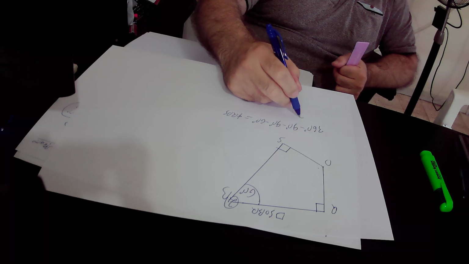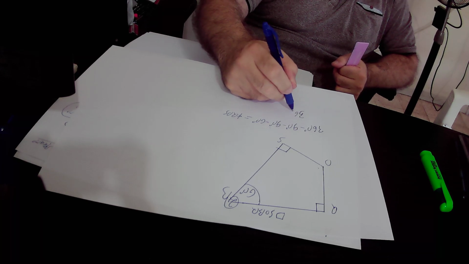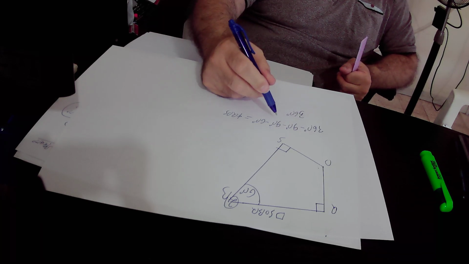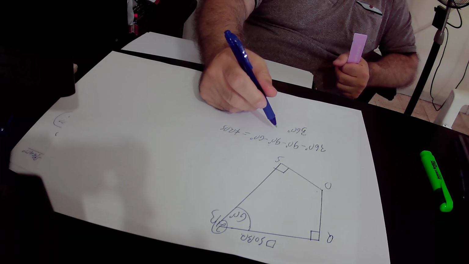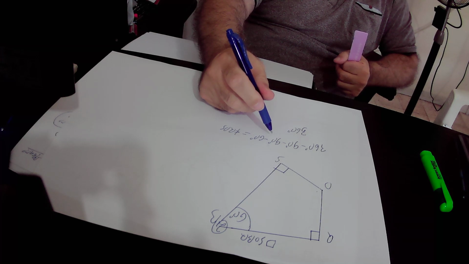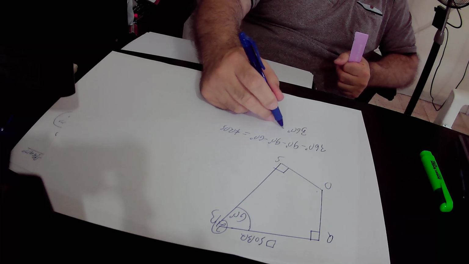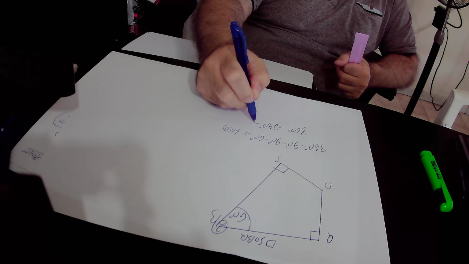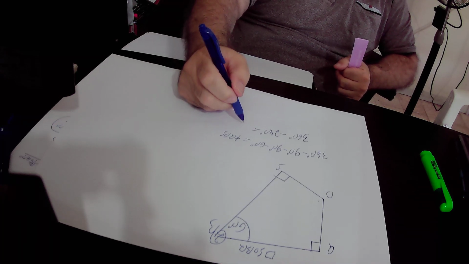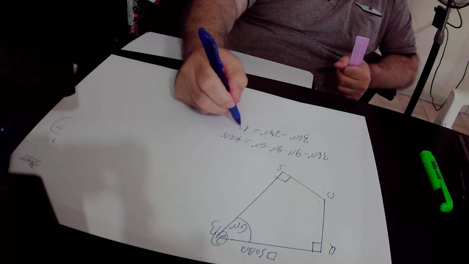That is to say, 360 degrees minus 90 degrees minus 90 degrees is minus 180 degrees, minus 180 degrees minus 60 degrees is minus 240 degrees. So 360 degrees minus 240 degrees is equal to 120 degrees.